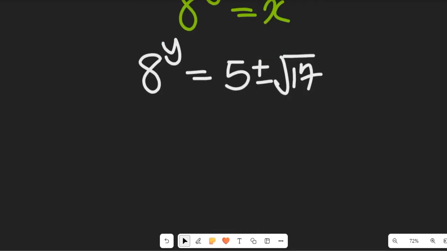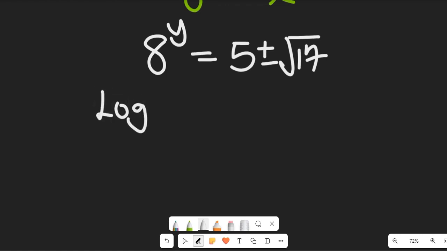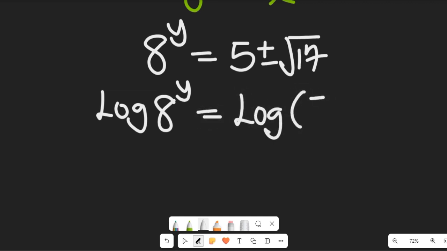So to find the value of y, recall, that's exactly what we are looking for, we are simply going to take the log of both sides. So this will give us the log of 8 to the power y equal to the log of 5 plus or minus square root of 17.